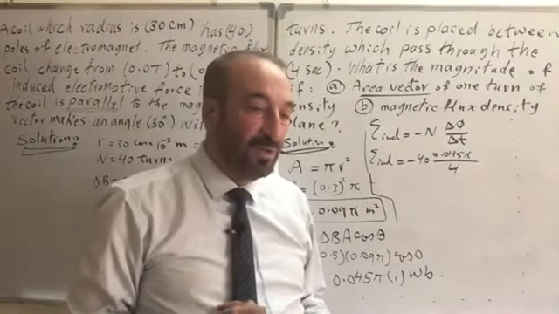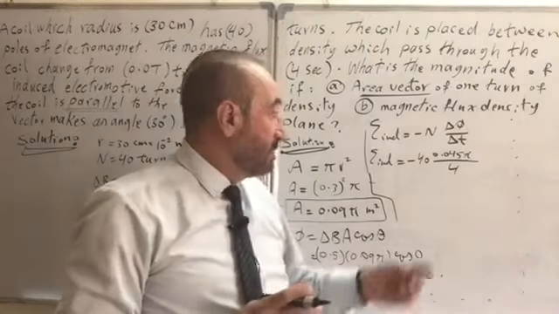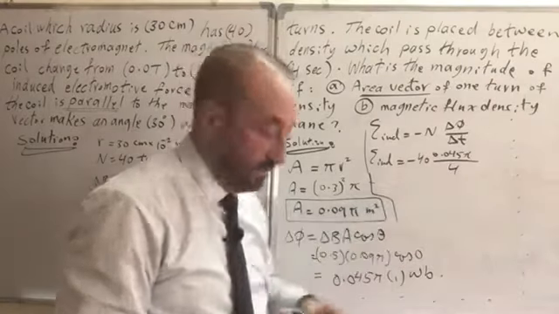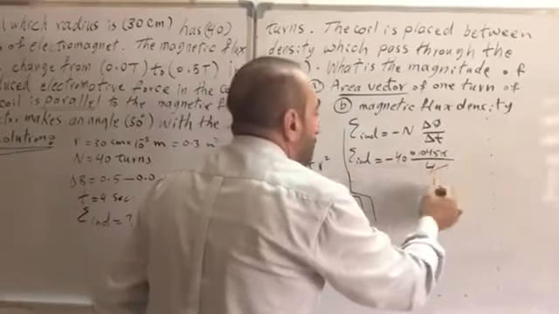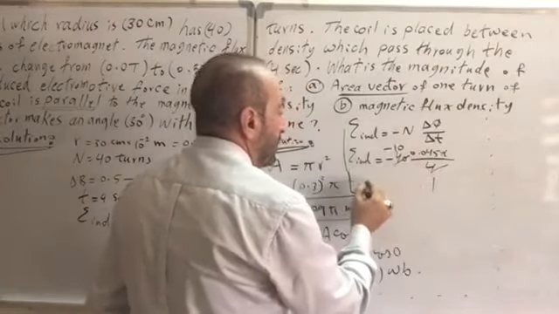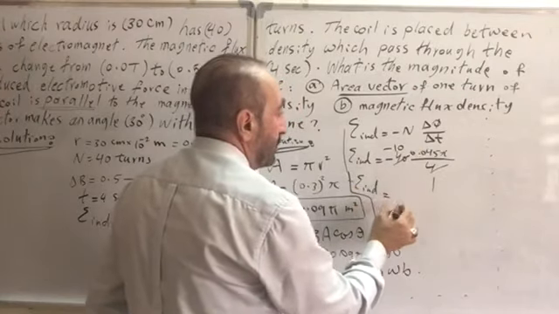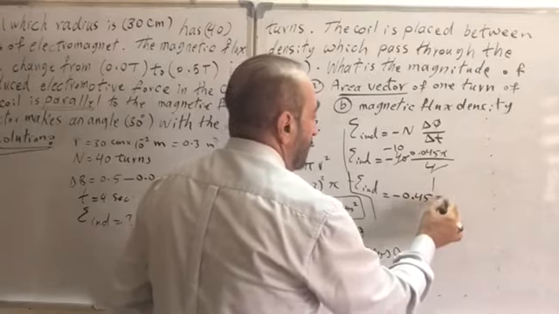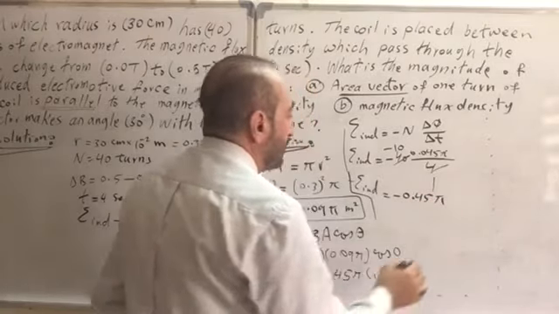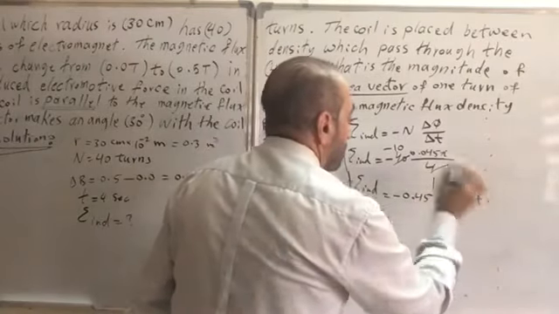Now we can simplify between the numerator and denominator. E induced equals minus 0.45 pi, and the unit is volts.